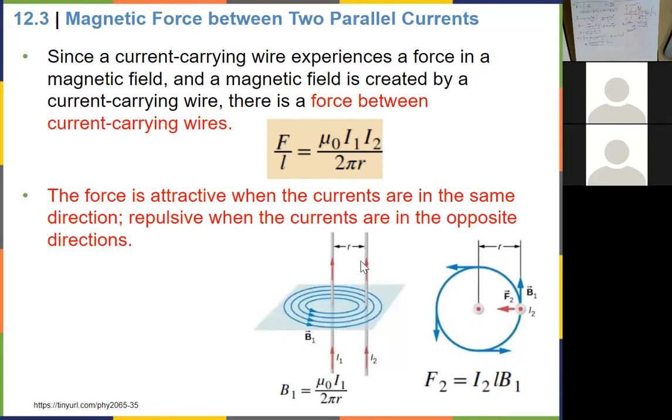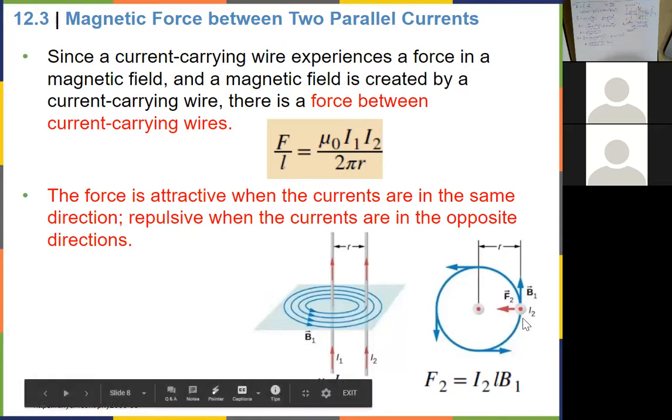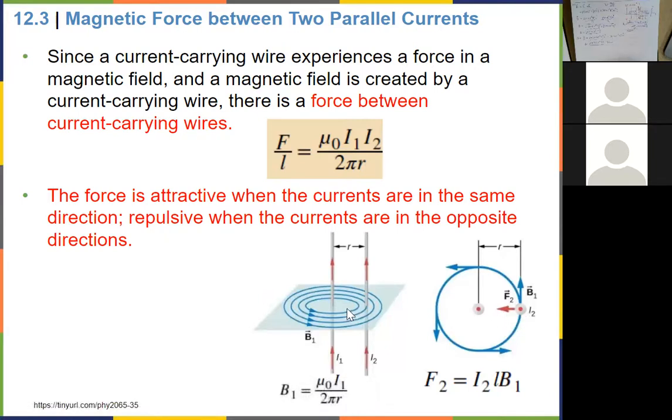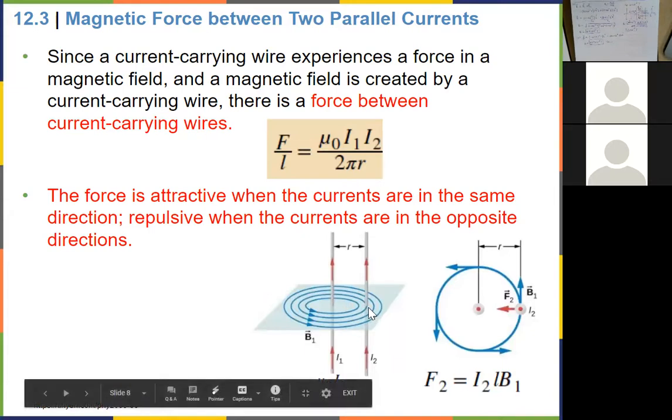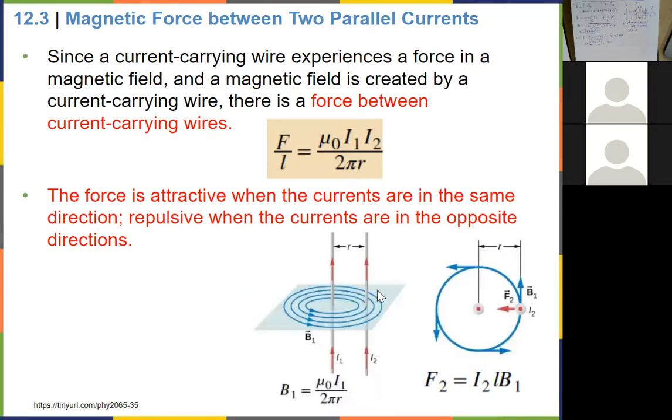If the two wires carry current in the same direction, the force between them will be attractive. You can use the right-hand rule here to determine the direction. The current goes in this circular direction, so at this particular point, your B1 is pointing into the board, and this is the current direction.